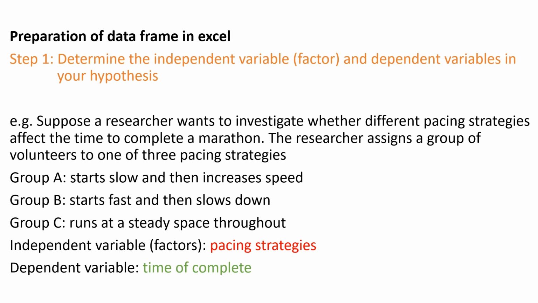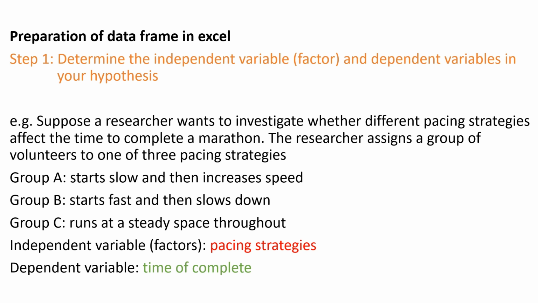So let's take a few examples so you can understand what independent variables and dependent variables are. For the first example, suppose a researcher wants to investigate whether different pacing strategies affect the time to complete a marathon.